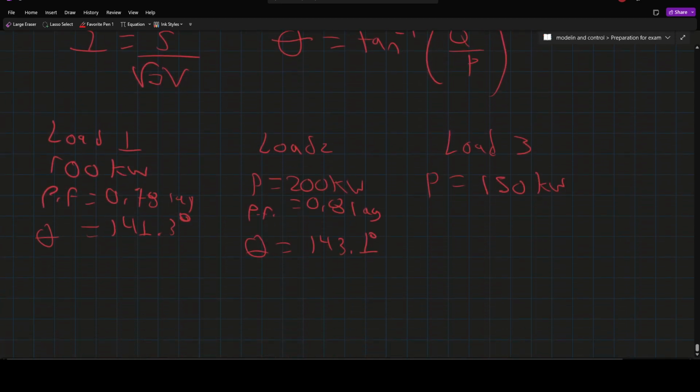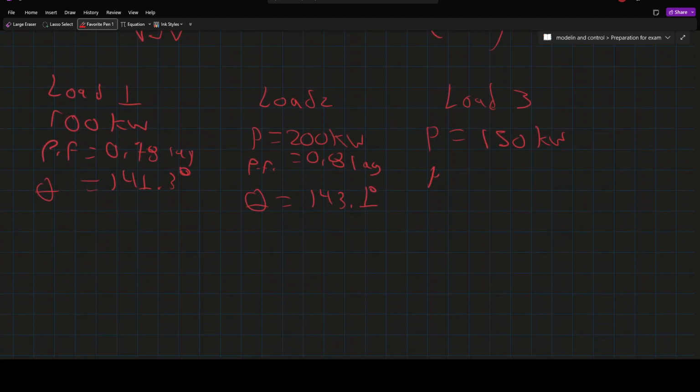Okay, so for this one, our power factor is going to be, at the beginning, lagging. It's going to be 0.85. So we are going to start by calculating this. Case 1: our load 3 power factor, lagging.